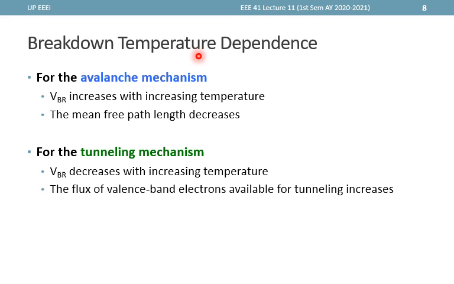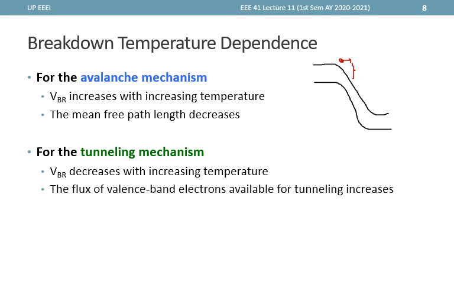Now, in terms of temperature dependence for the avalanche mechanism, VBR actually increases with increasing temperature since the mean free path length changes. So what does that mean? If we increase the temperature, it is more common for electrons to bump through the crystal, and therefore they will have a shorter mean free path length before bumping, and if they bump earlier, they will gain smaller kinetic energy.